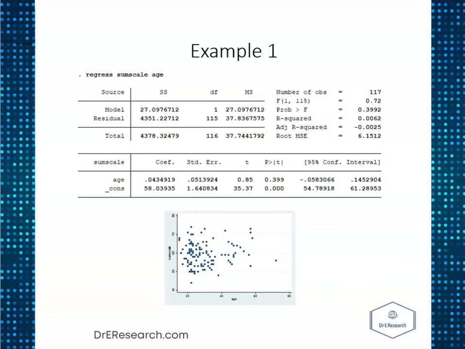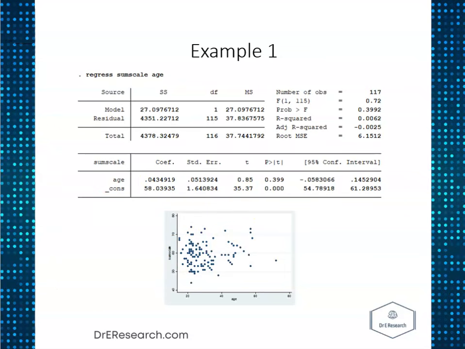Okay, so when you run a simple linear regression, in addition to getting this output and interpreting it, if this were statistically significant, we could have a line here, and we would say that as age increases by 1 year, this sum scale increases by 0.04 units. It's not statistically significant though, so we typically do not even interpret it.